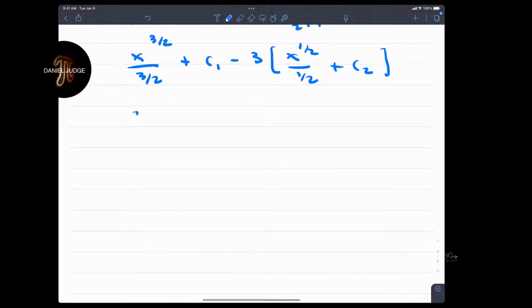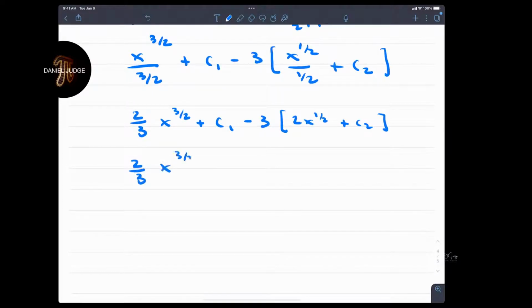So 2/3 x to the 3/2 plus C1, minus 3 times 2x to the 1/2 plus C2. So we can do some more algebra. We can distribute. That's 6x to the 1/2.